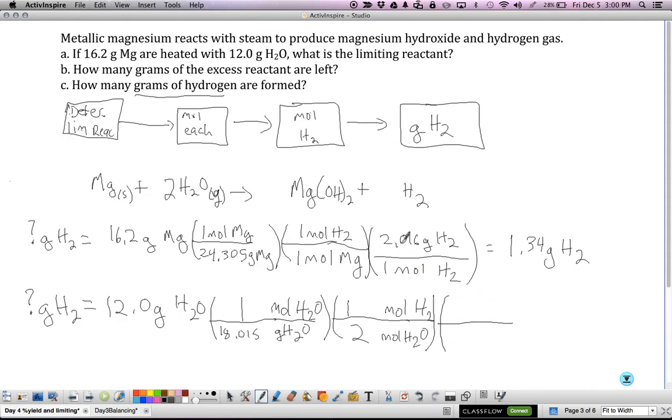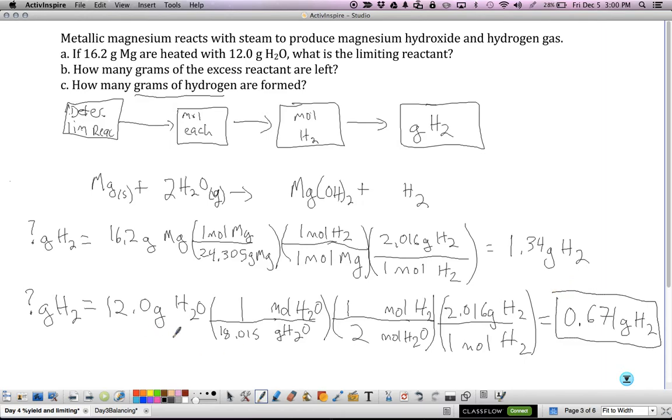Okay, and then I'm just going to use the same value, right? 2.016 grams H2 for 1 mole H2. And this equals 0.671 grams H2. Okay, this is less than this, so this is the answer. Okay, that means that water is the limiter.